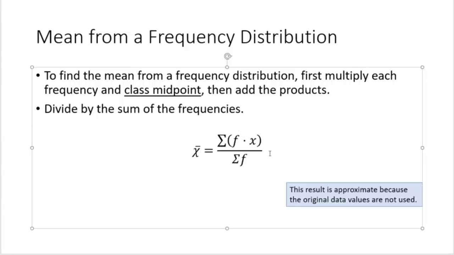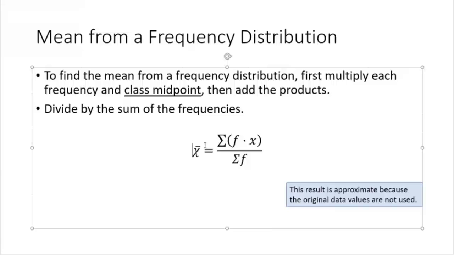Then you add them all up and divide by how many there are. If you have a table, you go straight across the table: the midpoint times the frequency, multiply that out, and then divide by the sum of the frequencies.